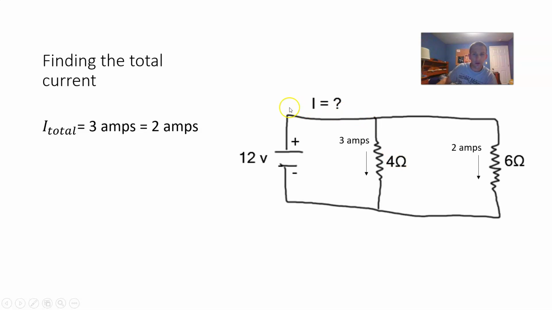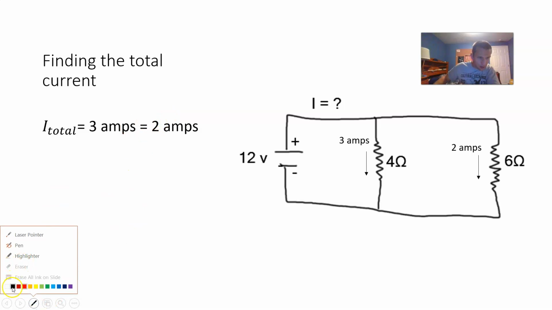Now, to find the total current, like how much current is moving through this part up here, right as it leaves the battery, all we have to do is add up these currents. Your I total, or current total, is going to be 3 amps. Oops, that's an equal sign. We'll say that's a plus.